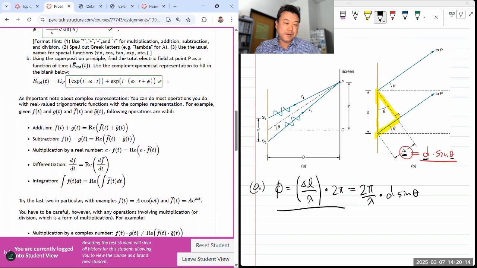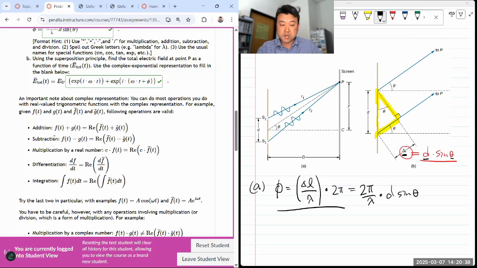Keep going. An important note about complex representation. You can do most operations you do with real valued trigonometric functions with the complex representation, which is good. Otherwise, why would you use complex representation? For example, given functions f and g of time, and the complex versions of f and g as functions of time, the following operations are valid.